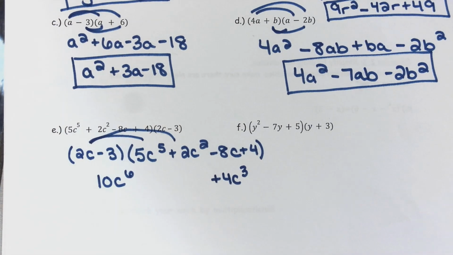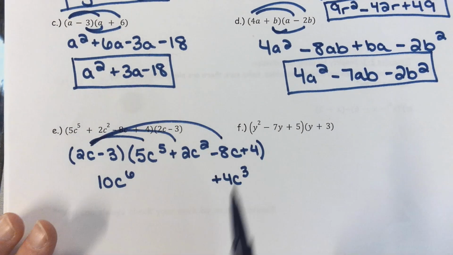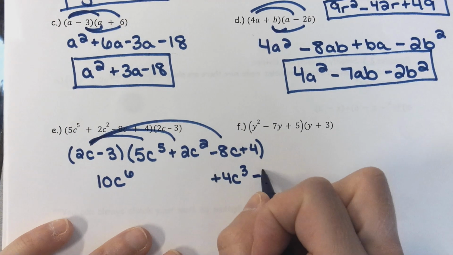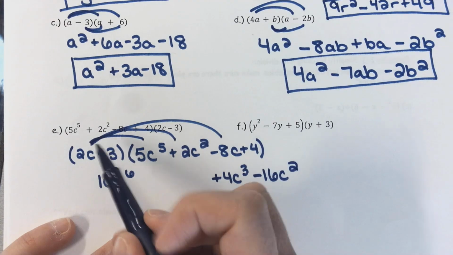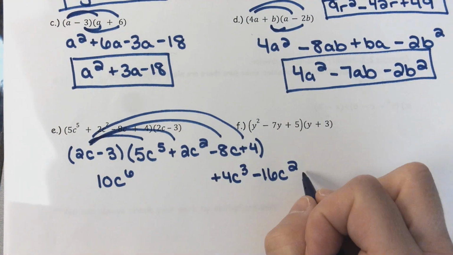I'm going to do a vertical line up for this one, kind of like I did with some of the addition and subtraction ones. All right, 2c times negative 8c: negative 16c squared. 2c times 4: 8c.